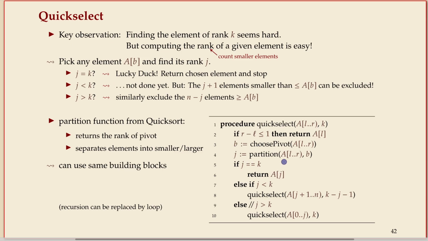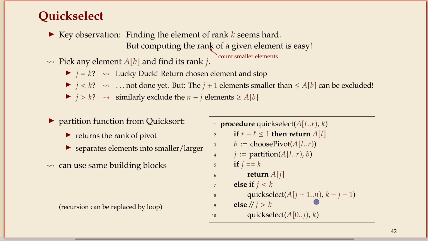We get the pivot, we partition, we get the rank of the pivot that we picked. If we were lucky, we can just return that and stop. Otherwise, we have only one side of the recursion to still pursue. Again, if the rank of the pivot was too small, we can ignore all the elements that are even smaller, so we'll focus on the right part of the array.